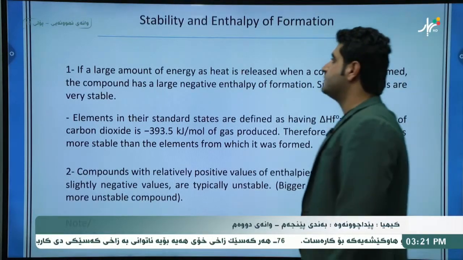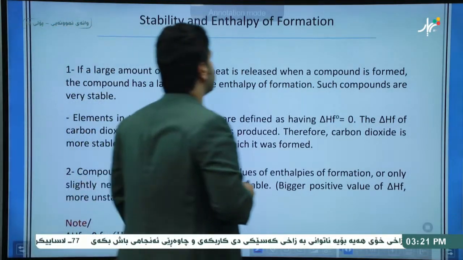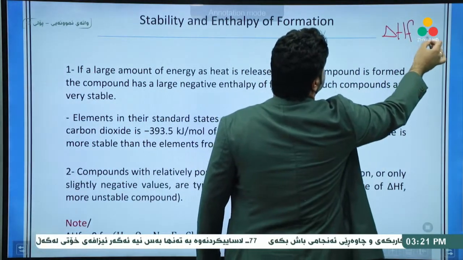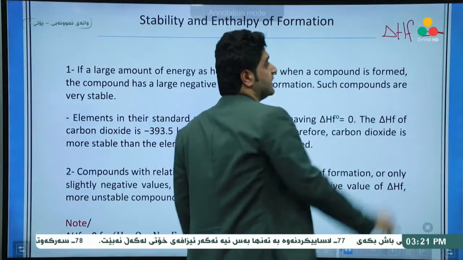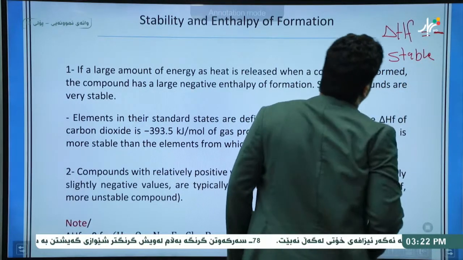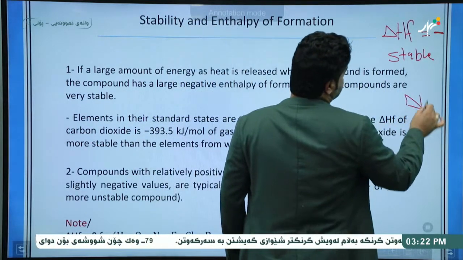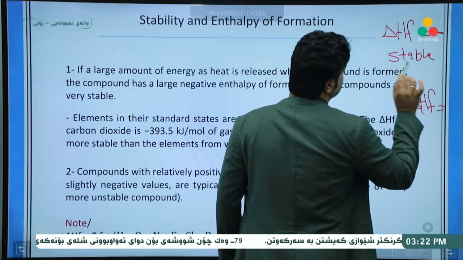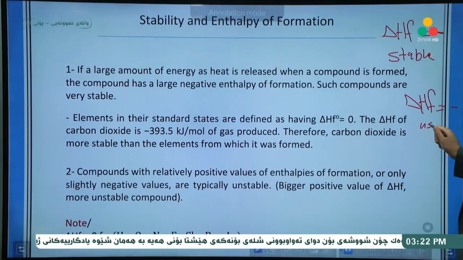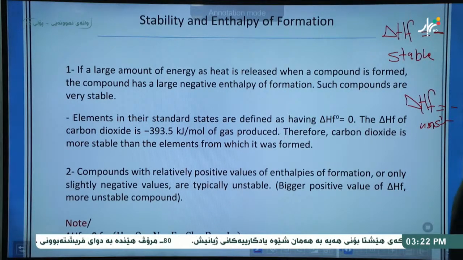Well, let's talk about stability and the enthalpy of formation. Simply, I'm going to explain the stability and the enthalpy of formation, delta HF. If delta HF is a large negative value, the compound is very stable, unreactive. But if the enthalpy of formation is a small negative value, it means unstable, or reactive.